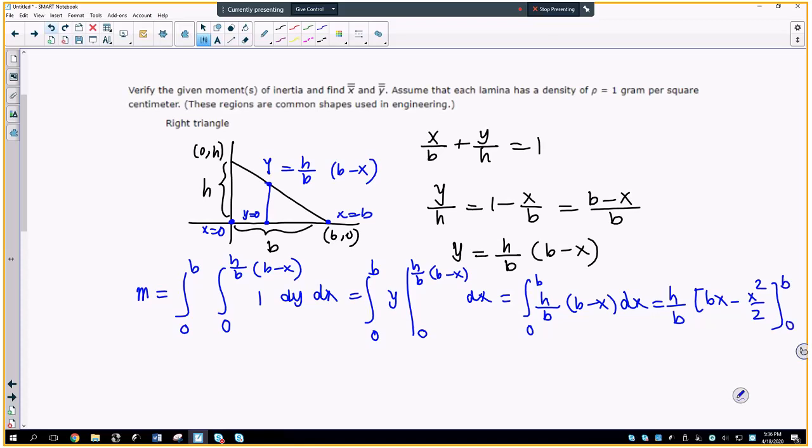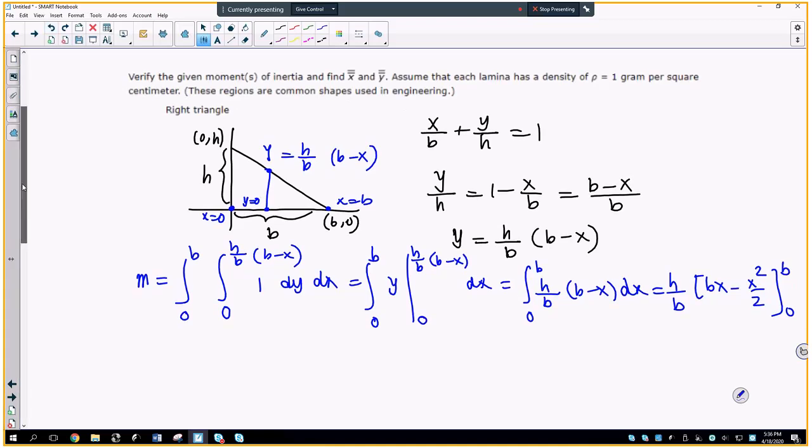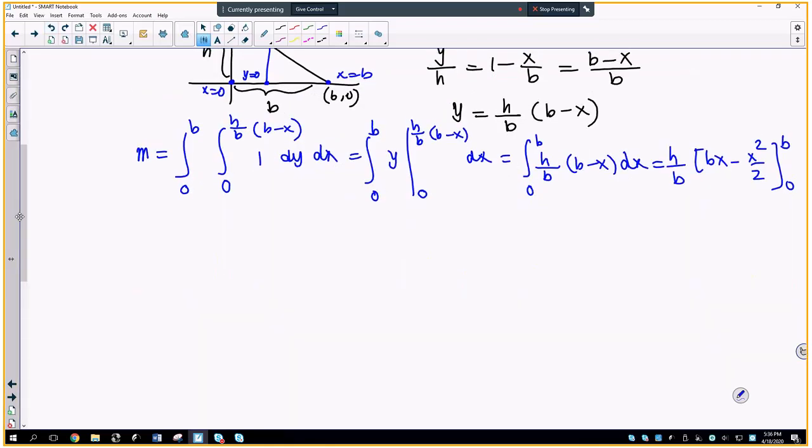So simplifying, we will get the mass equal to h over b times, if I put in the upper limit, b times b squared minus b squared over 2. 0 doesn't contribute anything, so you get h over b times b squared over 2, which is bh over 2. And remember, this is the area of a right angle triangle just by the formula. We just evaluated the same formula using the several variable integration.